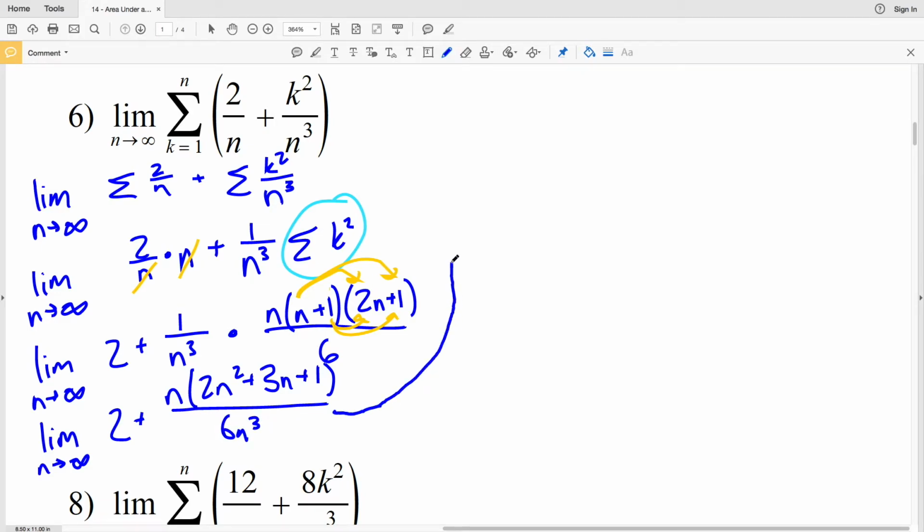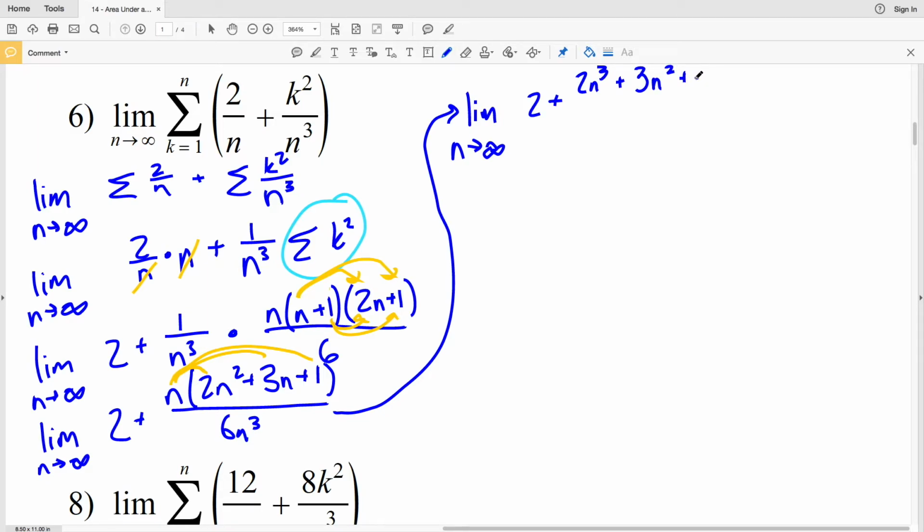Now continuing my work, I'm going to have the limit as n approaches infinity of 2 plus, distributing that n to 2n squared, 3n, and 1, that will be 2n cubed plus 3n squared plus n all over 6n cubed.